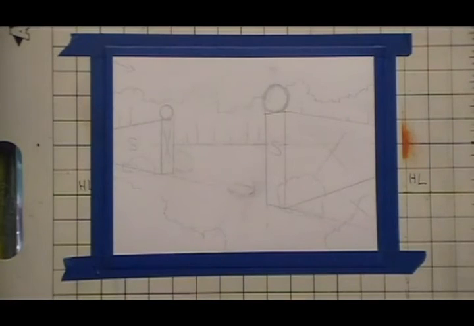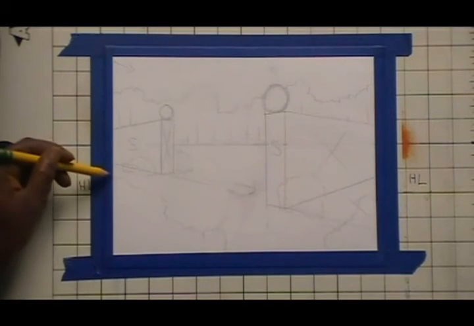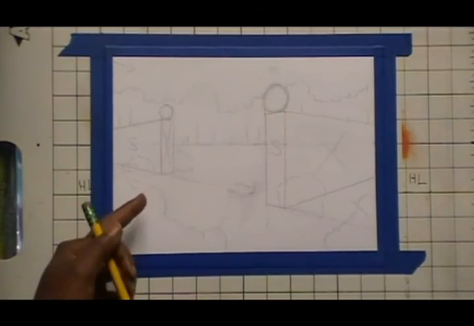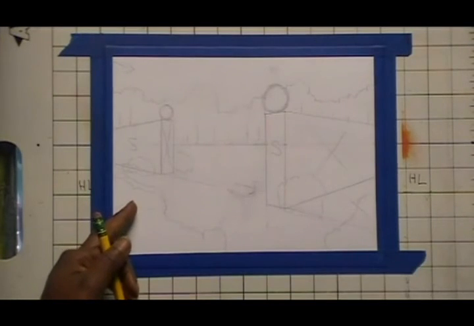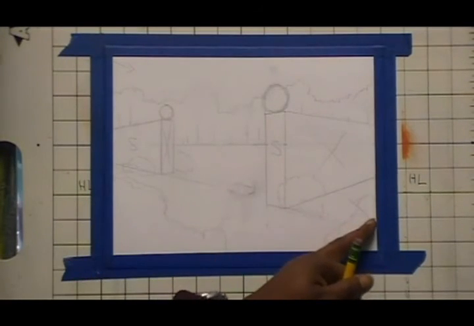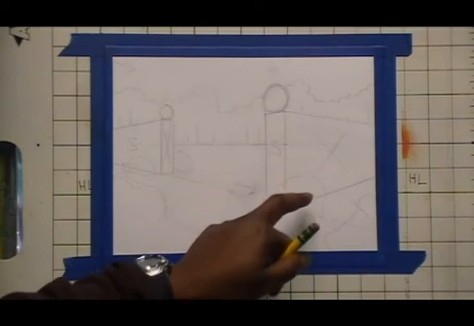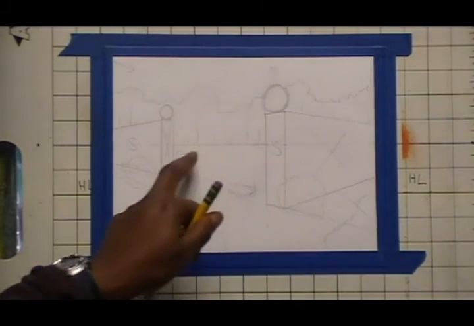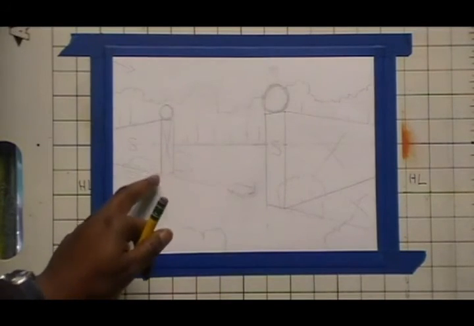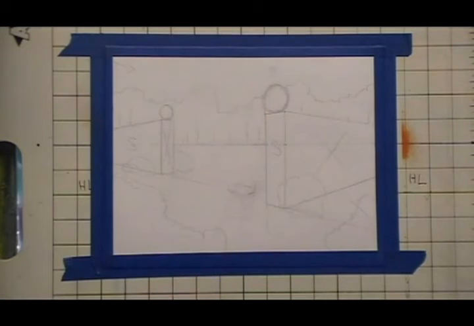But basically this is just an example of two-point perspective and how I want to approach this painting. Okay, even the bushes will be in perspective. This bush will be the largest, it's closest to us. Okay, this one not as close, even though it's in the foreground. It's smaller, slightly smaller, and yet slightly smaller, all in perspective.